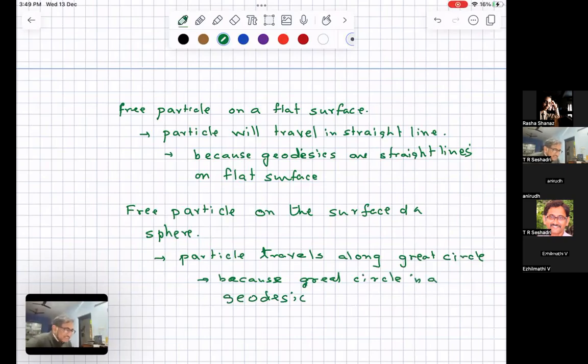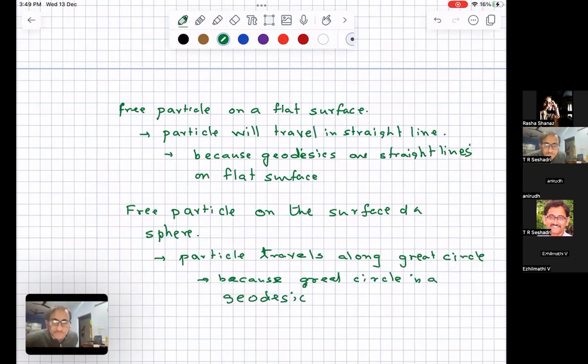If the geodesic is a straight line, I know the geometry is flat. And if the geodesic is a great circle, I know the surface is a sphere. In other words, if the geodesic of a free particle is not a straight line, I know that the surface is not flat.